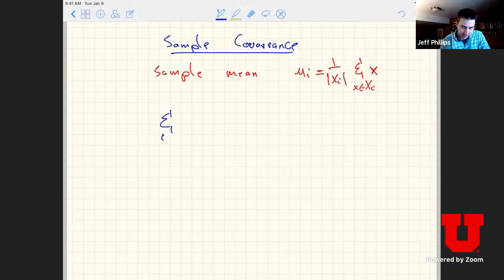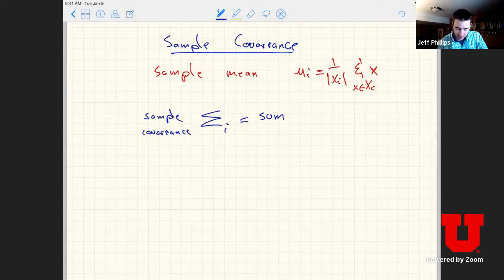Let me try and write these a little bit differently because I have a sum and an uppercase sigma. So the sample covariance, we'll call it sigma I here, is going to be a sum over x in X_i.